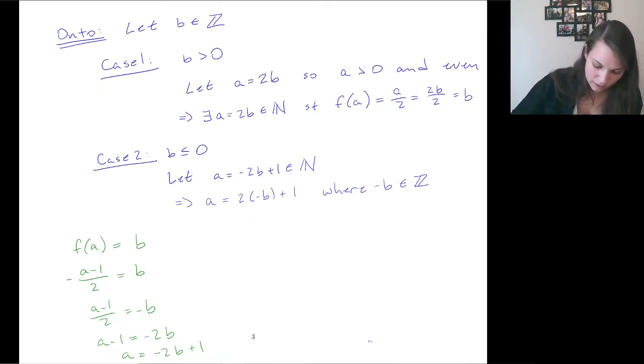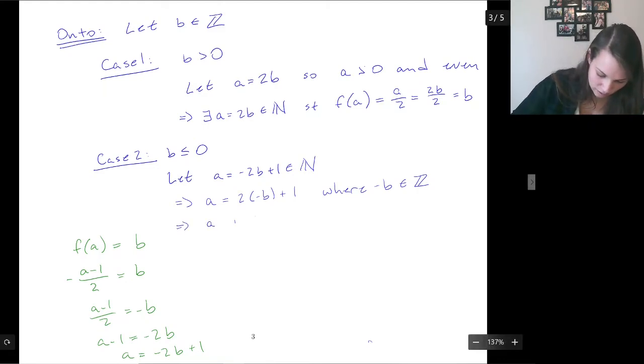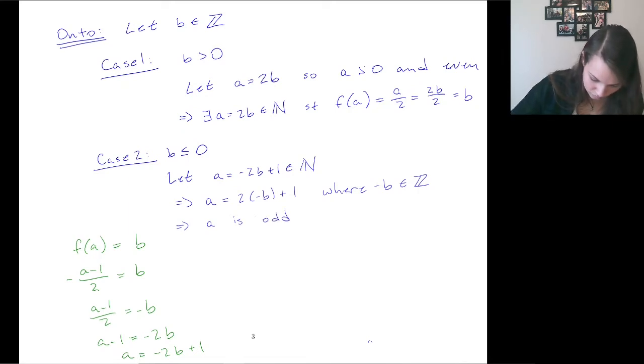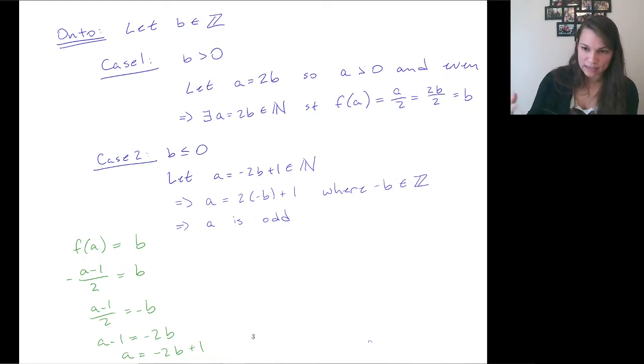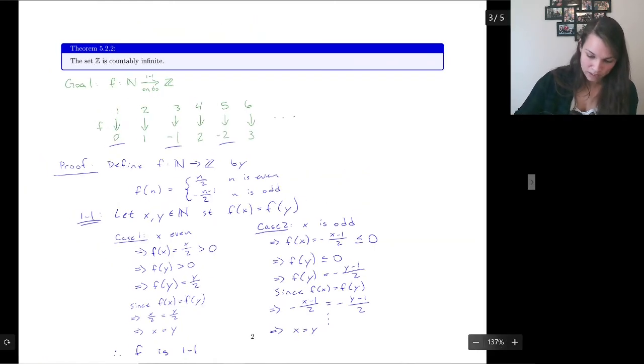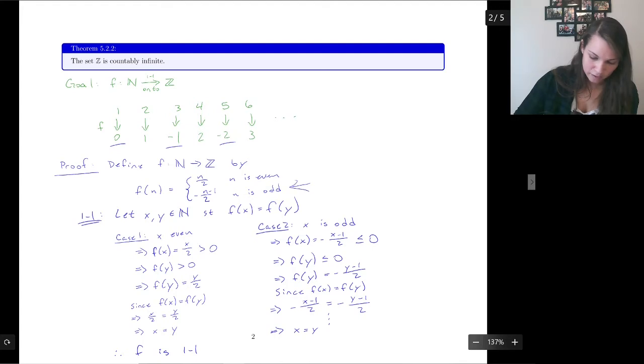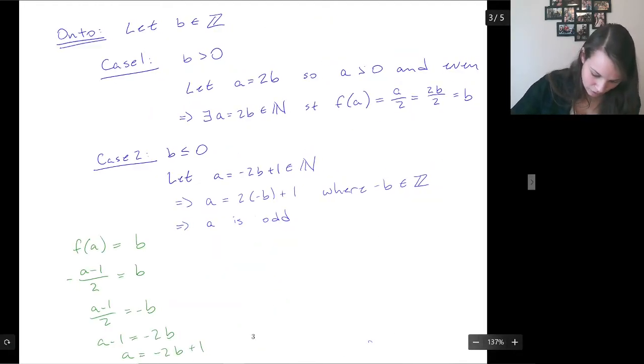So that means that A is odd. So that means we're in the land of plugging in this piecewise function, right? We have A is odd. So then there exists A, specifically equal to negative 2B plus 1.